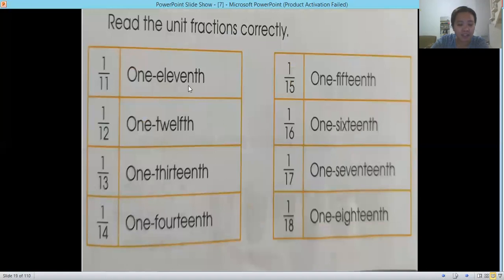Next, 1/11, 1/12, 1/13, 1/14, 1/15, 1/16, 1/17, and 1/18.